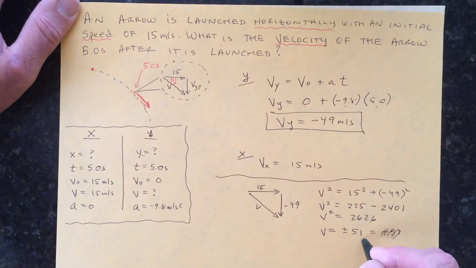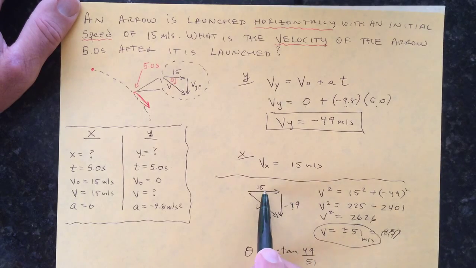We can just say 51 meters per second. We're going to take care of the direction using the tan function. So the angle is equal to arctan of 49 over 51, opposite divided by adjacent. And that's equal to 73 degrees.